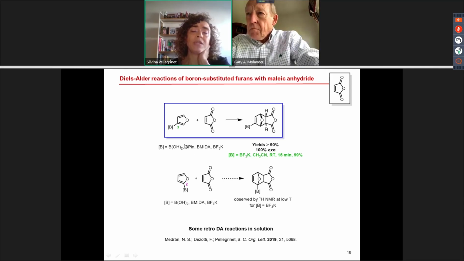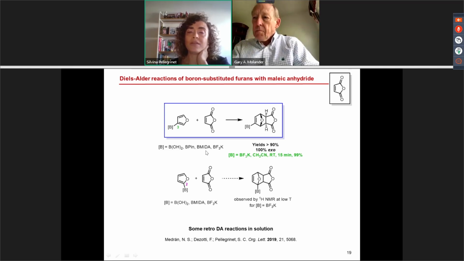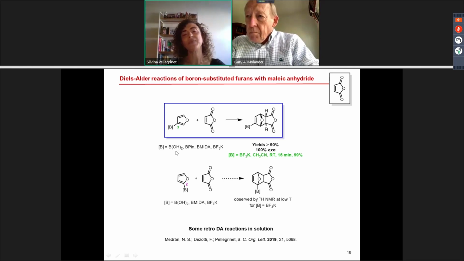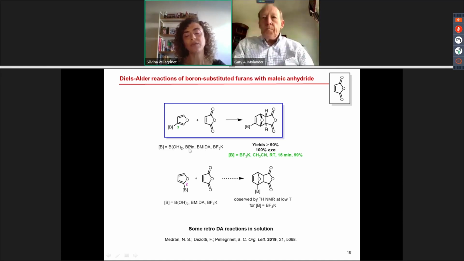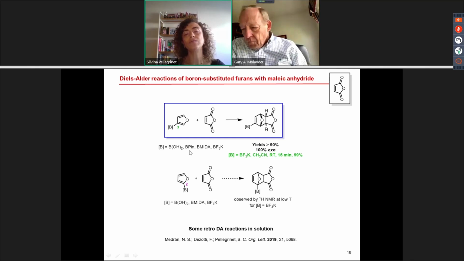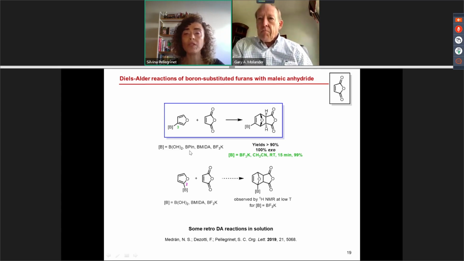For instance, the Bpin has to be heated at 80 degrees, the BMIDA has to be heated at 40 degrees, and the acid and all these compounds take around 1 day at different temperatures: room temperature, 40 degrees, and 80 degrees. But for us, it was really convenient to work with trifluoroborates. This was one of our first experiences with trifluoroborates, but they were really nice in the lab.